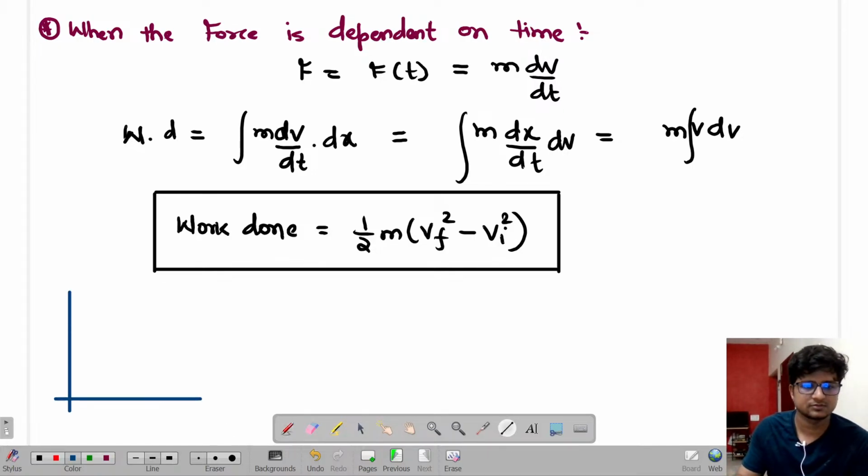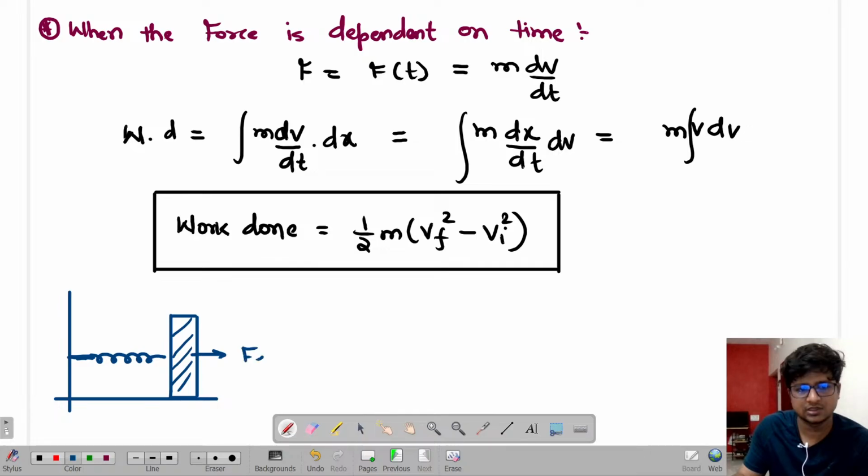Let's suppose there is a big block, like this, placed on an inclined plane, and I attach this block with a spring, and then I apply an F external, and this is some frame. Even friction is there.